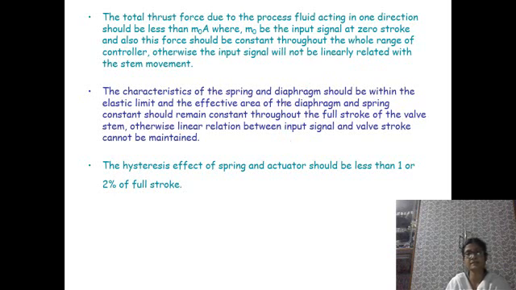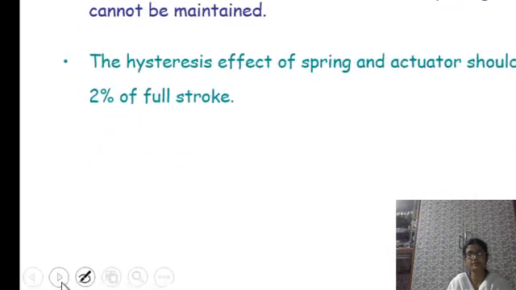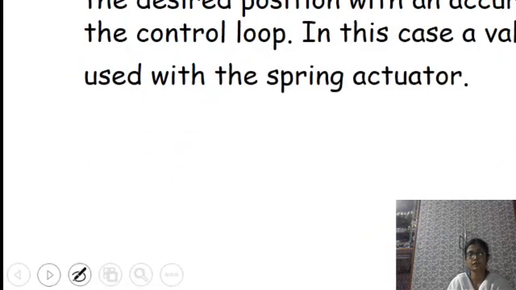The objective is that we should run within the linear range of input signal to the valve stroke. And the hysteresis effect of the spring and actuator should be less than 1 to 2% of the full stroke. That means hysteresis loss should be maintained within 1 to 2% of the full stroke.